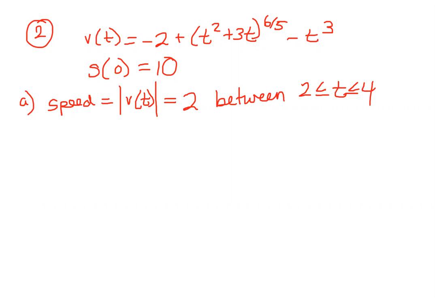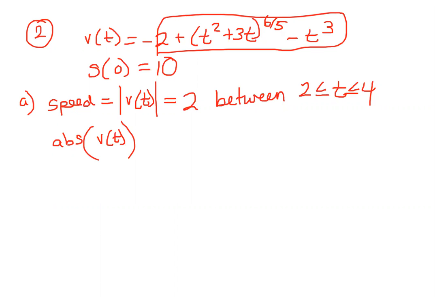So you can actually put absolute value into your calculator. You should research that if you know how to do it. You could put this in for v and take the absolute value of it and set it equal to 2 and see what you get.